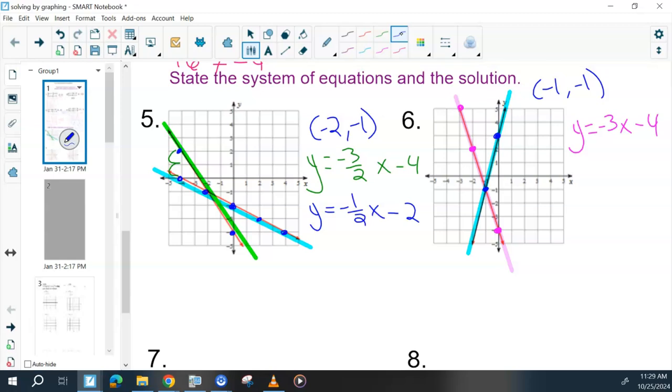And if I'm going to this point, I'm going down 1, 2, 3, 4 to the left 1. That's going to be a positive 4 over 1. So that equation would be y equals 4x plus 3. Okay, questions on those?